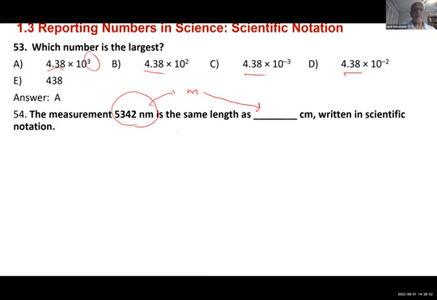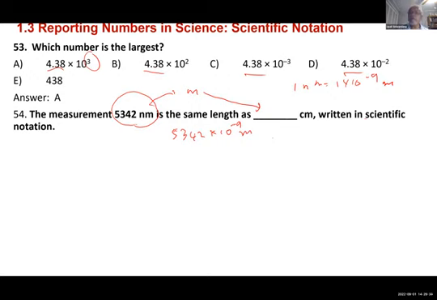How do you convert nanometers to meters? 5.342 times 10 to the negative 9. 1 nanometer is equal to 1 times 10 to the negative 9 meters. So we use that fact, therefore this is meters.